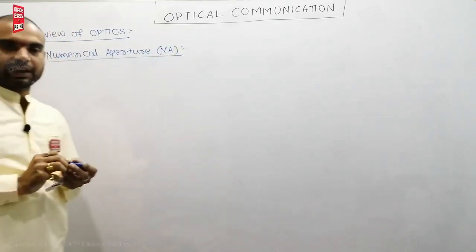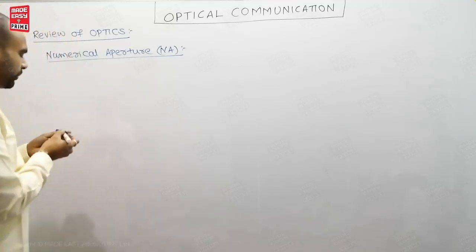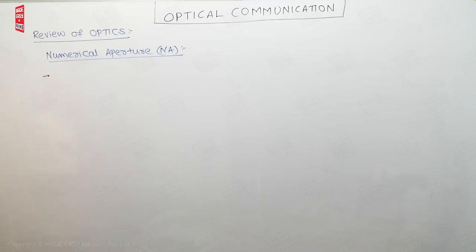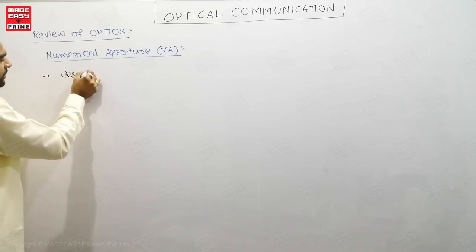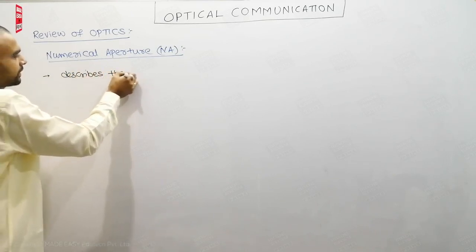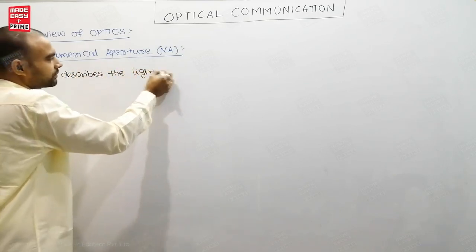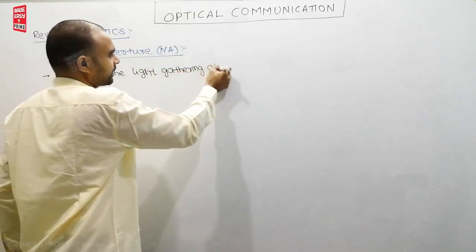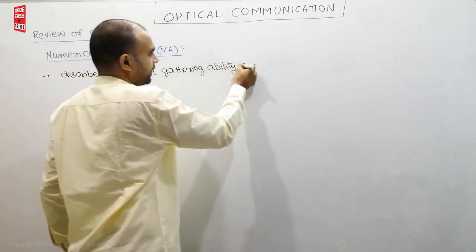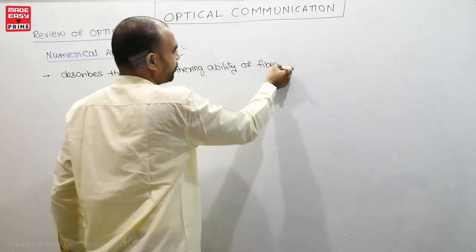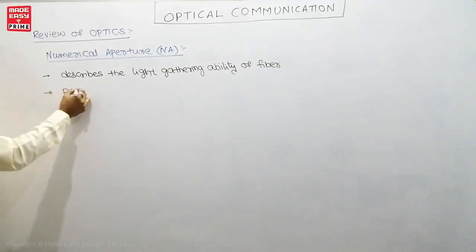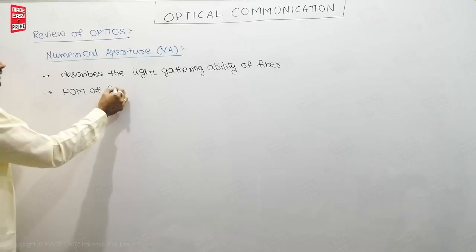Numerical aperture, Na, defines or describes the light gathering ability of the fiber. So numerical aperture is called as the figure of merit of the fiber.